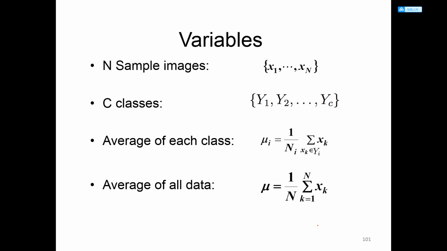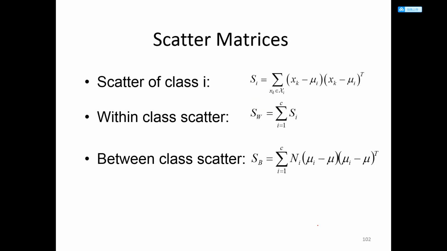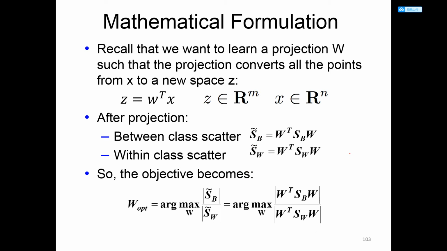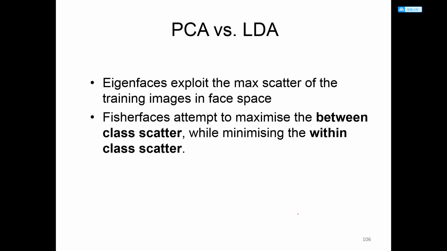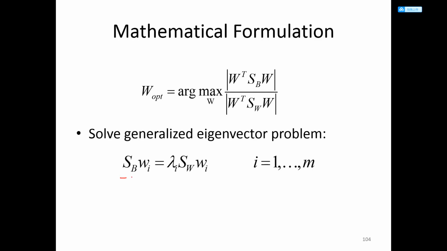And for multiple classes, it's more or less the same. I won't go through that. Basically, again, just construct the within-class scatter and between-class scatter. Then you go for the same optimization problem, and again solve this generalized eigenvalue problem.